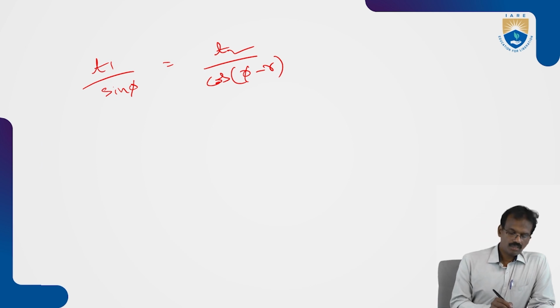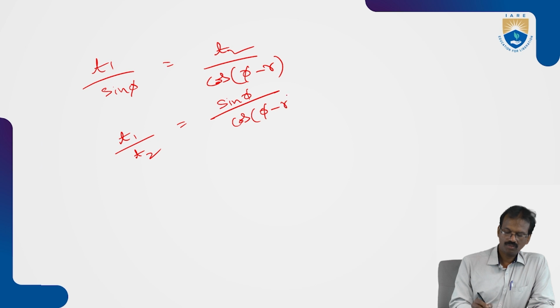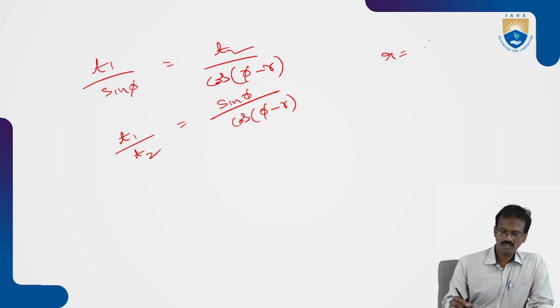Then T1 by T2, shifting like this, is equal to sine phi by cos phi minus gamma. T1 by T2 is nothing but the chip thickness ratio, that is the uncut chip thickness by the chip thickness.